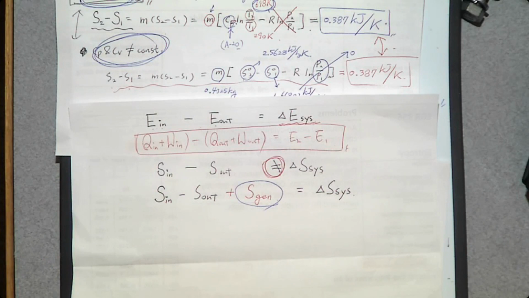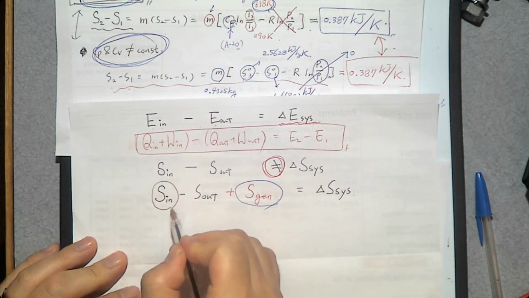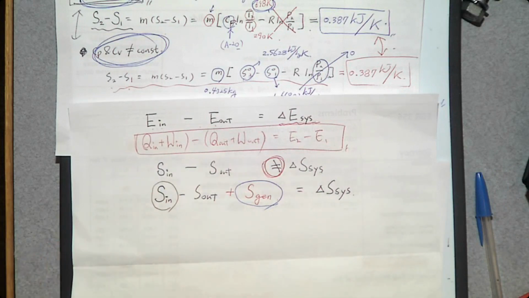Then, when we have this energy balance equation, we use Q and W for energy transfer. Then the question is, how can we determine entropy transfer? Finding the entropy transfer is not very difficult. There is one rule. Entropy transfer can be either by heat or by work.